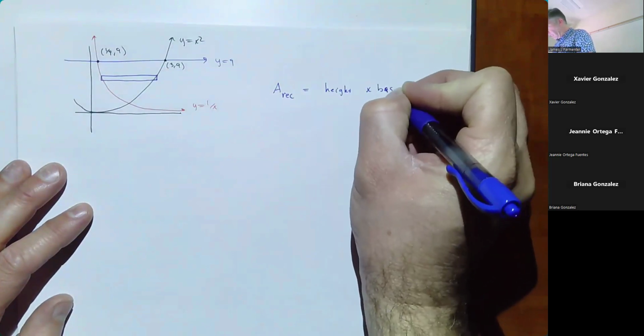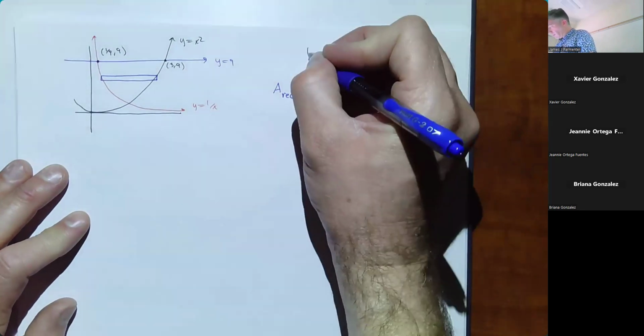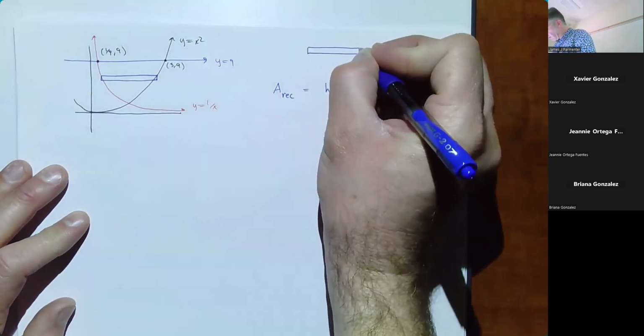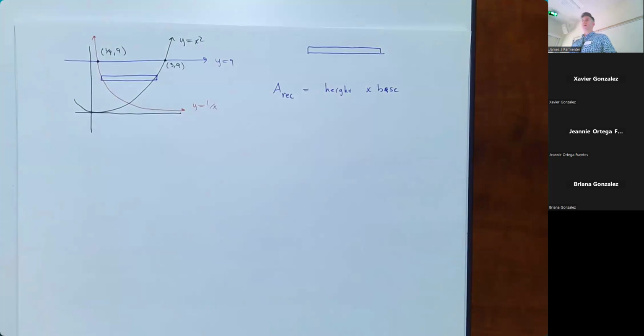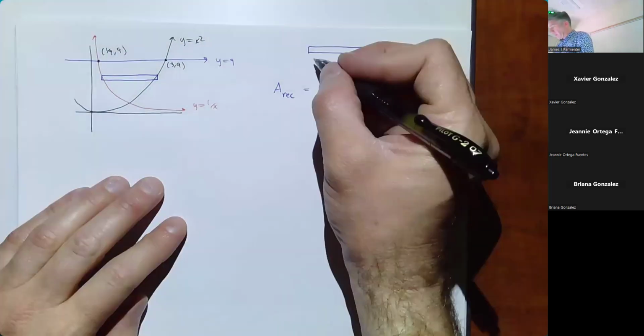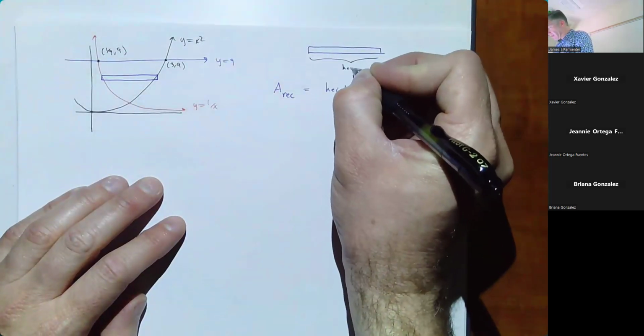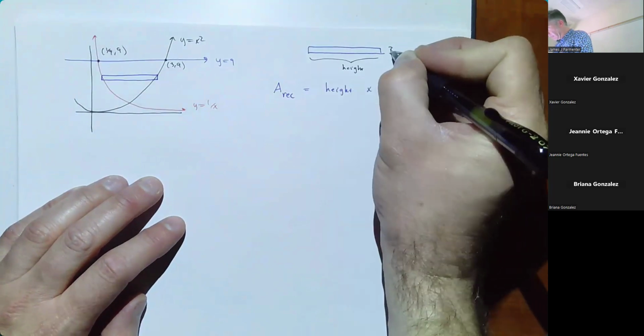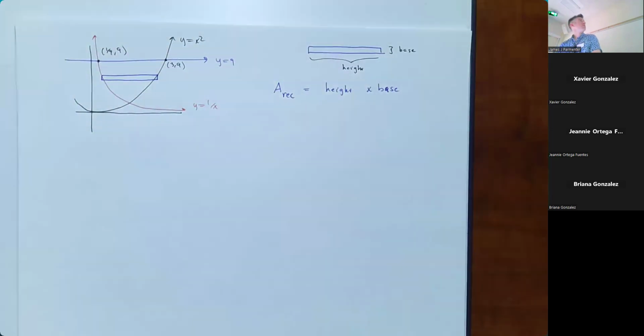And in this orientation, here's my rectangle. We're thinking of the longer part as the height. So I'm thinking of this as my height and this as my base. So now my base isn't dx because it's not a small change in x.